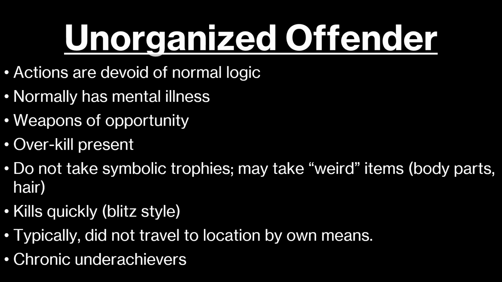The victims here are typically going to be strangers for both organized and unorganized offenders. But the way that the body is seen is going to tell us a lot. If there's a lot of overkill, like 80 to 90 stab wounds, you're probably looking at an unorganized offender because overkill is present.